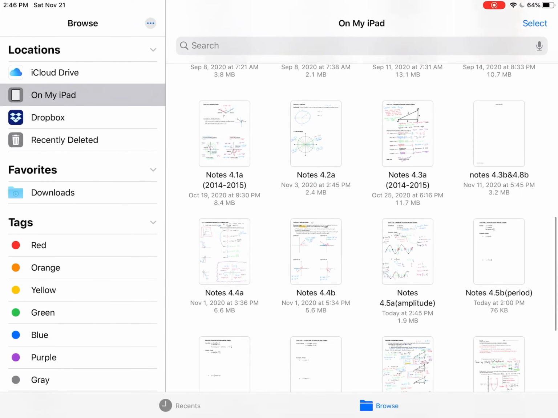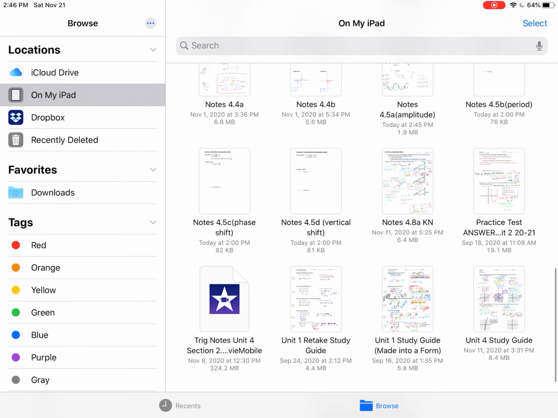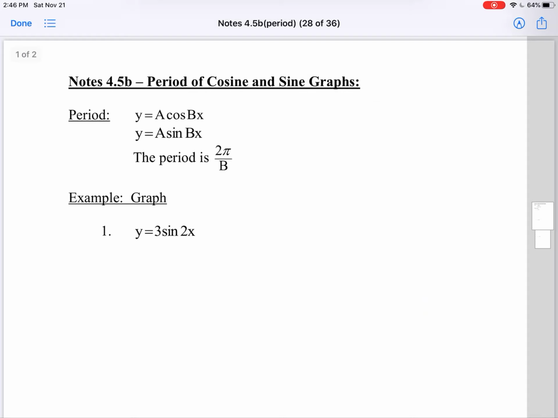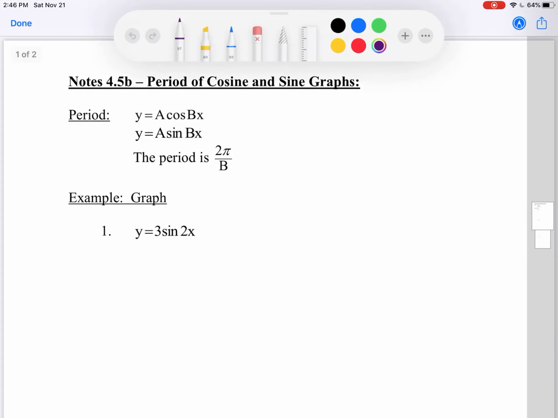So for questions 3 and 4, do these on your own. And then you can check my Teams notes for the answers to check your work. And of course, if something's wrong or you have a question, please let me know.